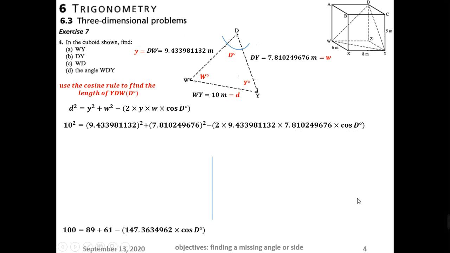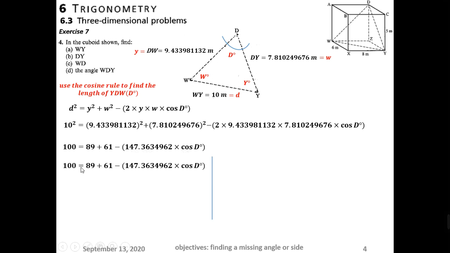Let's simplify this one. So 100 is equal to, if you take this to the power of 2, it will be 89, and 7.81 to the power of 2, it will be 61. And if you multiply 2 times 9.43 times 7.81, it will end up to 147.4 times cosine D.